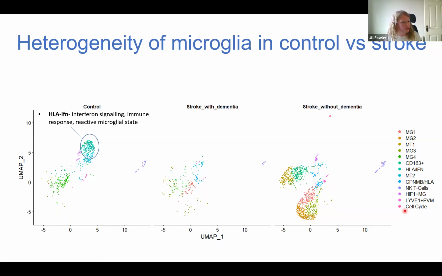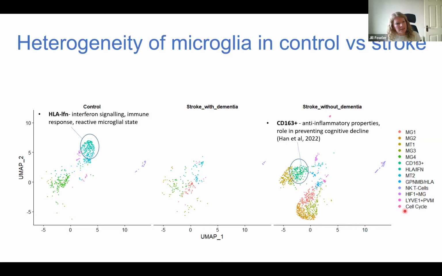For example, in control, almost exclusively only in the controls, we have this human leukocyte interferon cluster, which contains a number of genes involved in interferon signaling, immune response, and the reactive microglial state. So perhaps suggesting that this is conferring resilience to developing dementia.